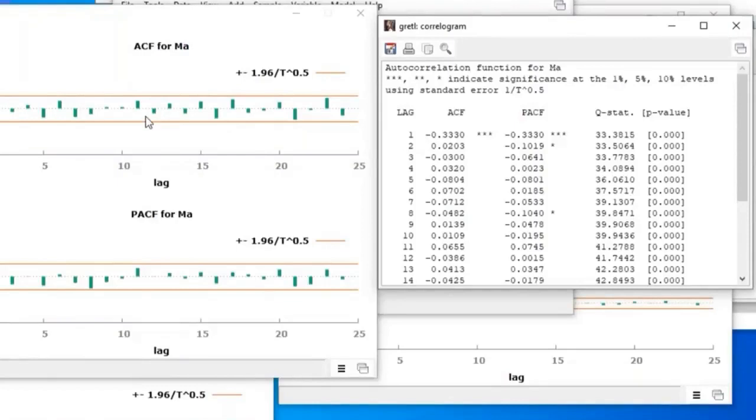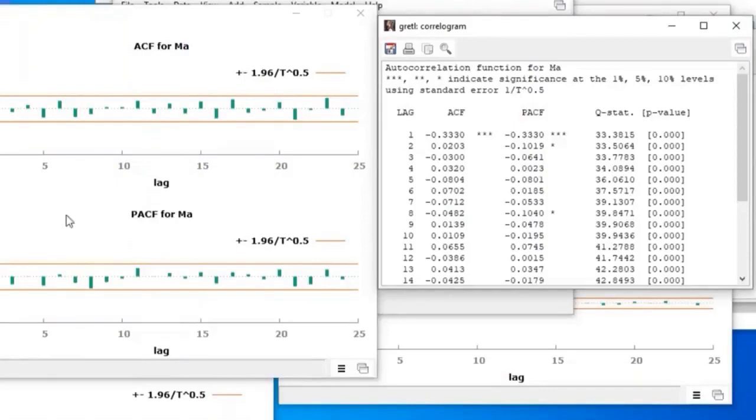Sir, to find out the order of the process for moving average, we need to find the spikes in the ACF, isn't it? Sir, should we consider only those spikes?